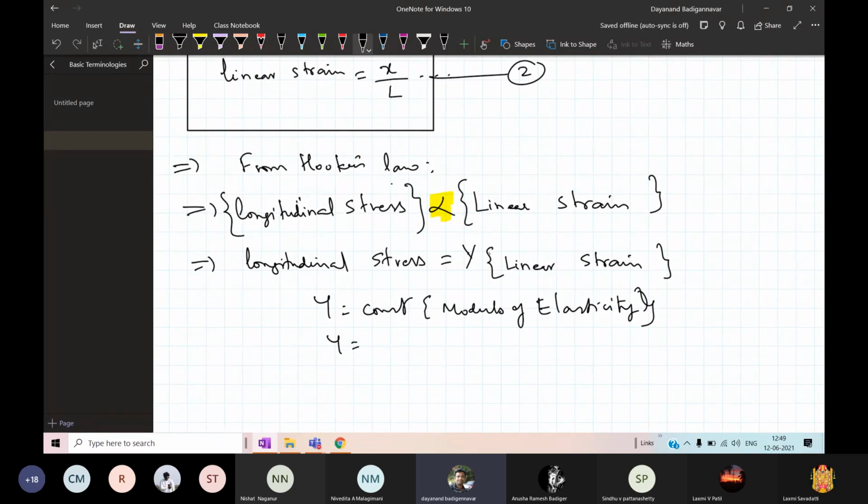Since here it is a change in length, I will call it Young's modulus, Y-O-U-N-G, Young's modulus.